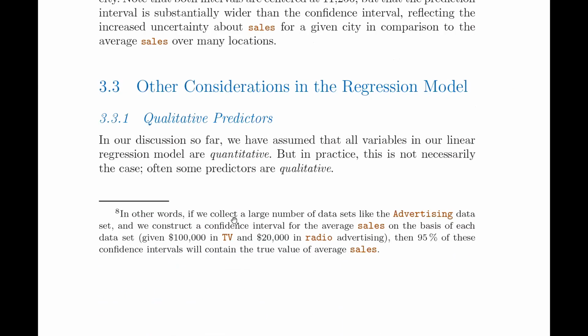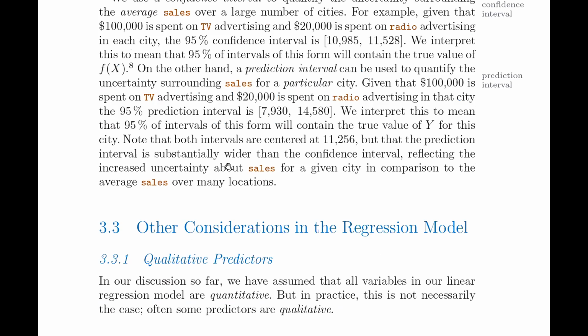In other words, if we collect a large number of data sets, like the advertising data set, and we construct a confidence interval for the average sales on the basis of each data set, given $100,000 in TV and $20,000 in radio advertising, then 95% of these confidence intervals will contain the true value of average sales.